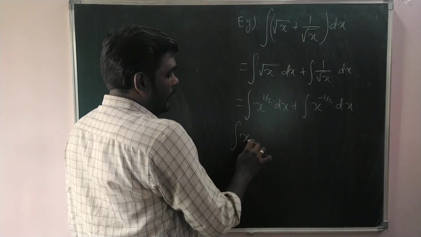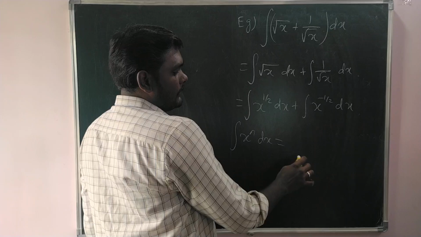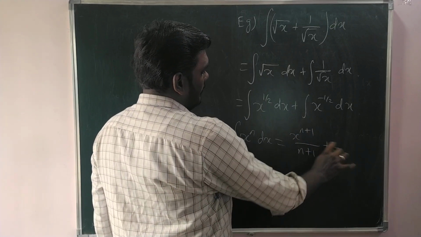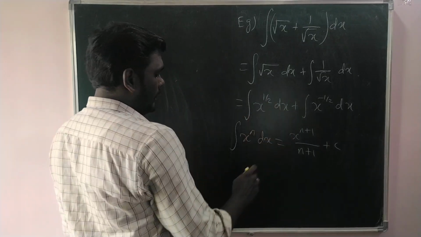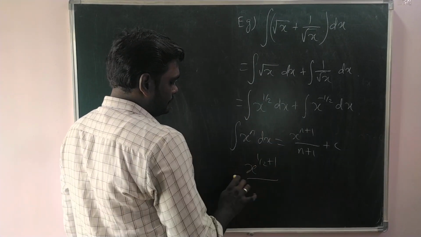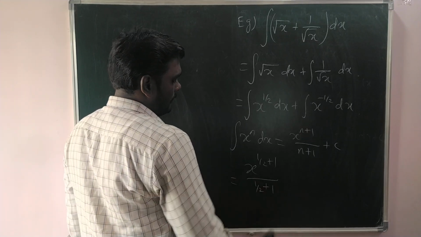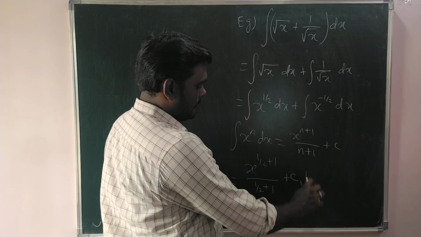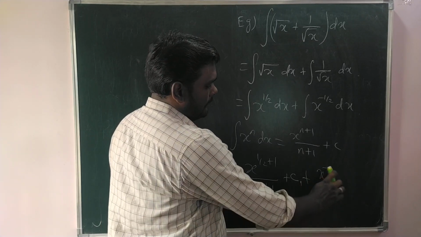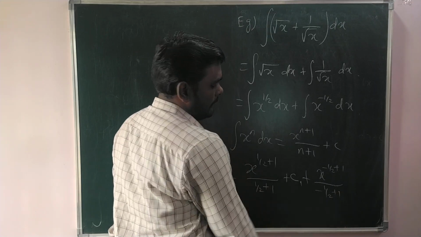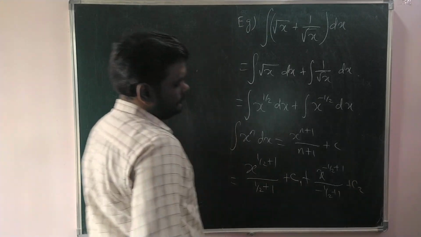Now as per the formula, integral of x power n dx is x power n plus 1 by n plus 1. So here we get x power (1 by 2 plus 1) divided by (1 by 2 plus 1) plus C1, because there are two integrals, and then plus x power (minus 1 by 2 plus 1) divided by (minus 1 by 2 plus 1) plus C2.